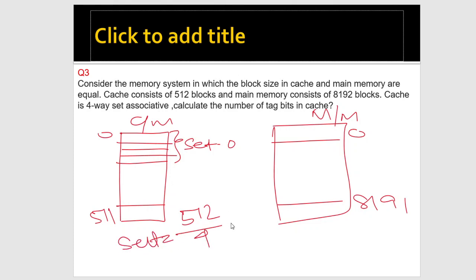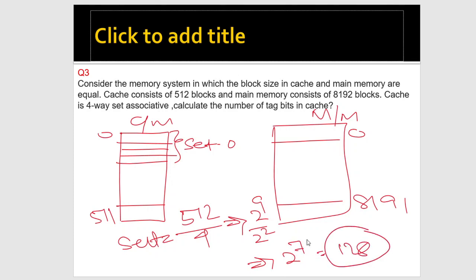How much is it? It is 2 to the 9 by 2 to the 2, which is 2 to the 7, meaning 128 sets. How many bits are required to represent it? 7 bits. So ultimately my address in the form of tag, set and word will have 7 for the set. Set I determined.